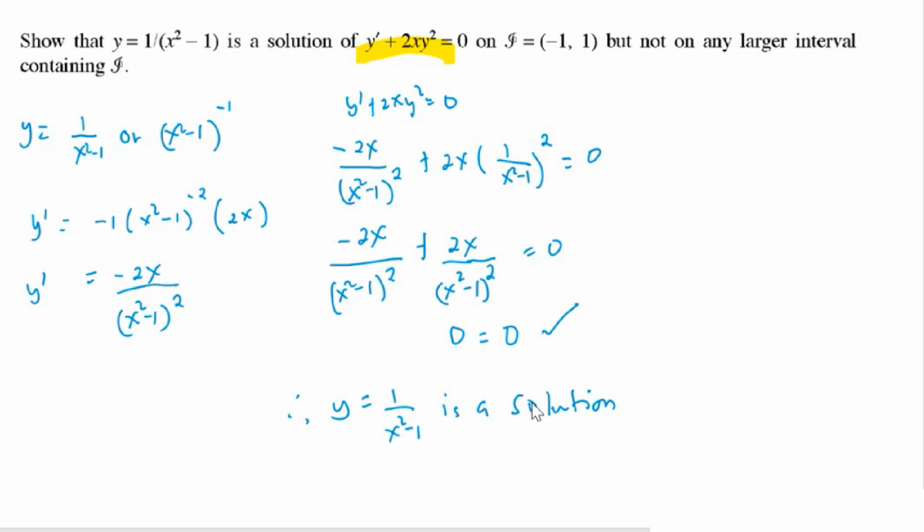Because if x is 1, then 1 squared is 1 minus 1, which is 0. So 1 divided by 0 is undefined. Or we can use another approach.